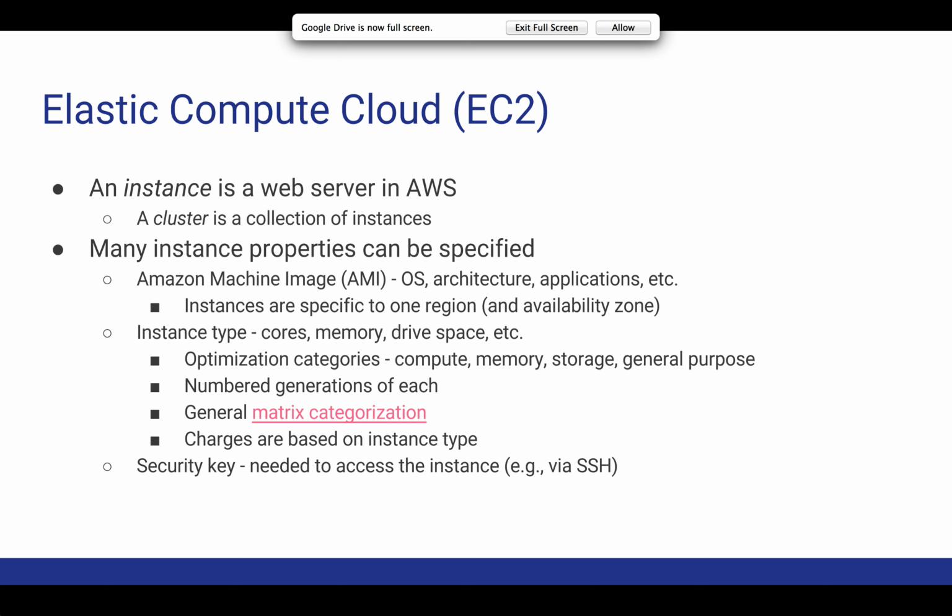Now, one detail about AMIs, well, about instances, that's important to point out here, is that an instance is specific to one region. I haven't really mentioned regions yet in this talk, but Amazon has different data centers spread throughout the world, and each one is referred to as a region.